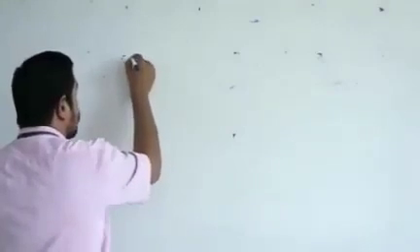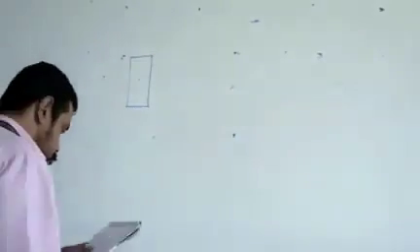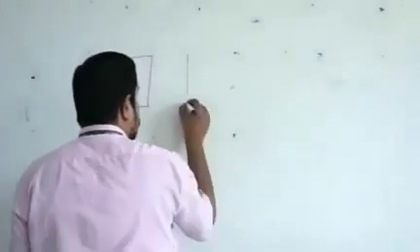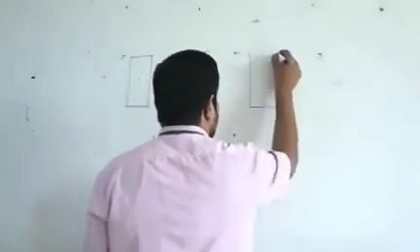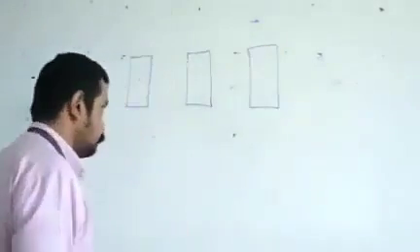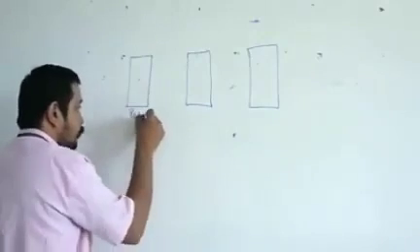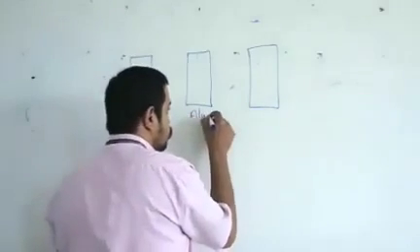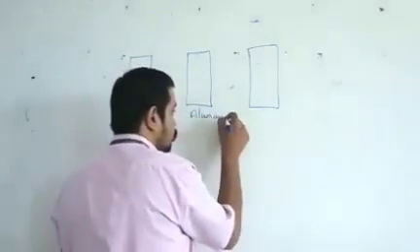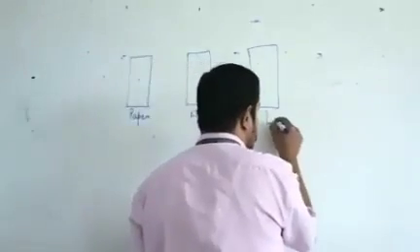We will take paper, aluminum, and lead. So this is going to be paper, this is going to be aluminum, and this is going to be lead.